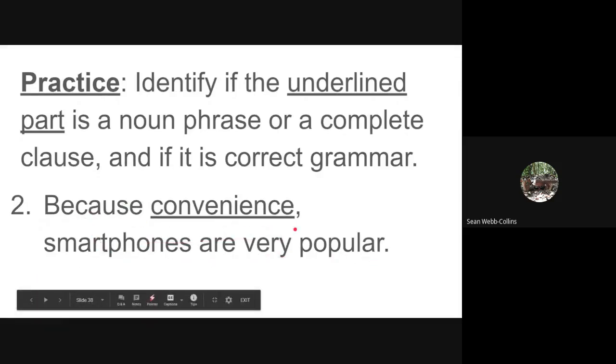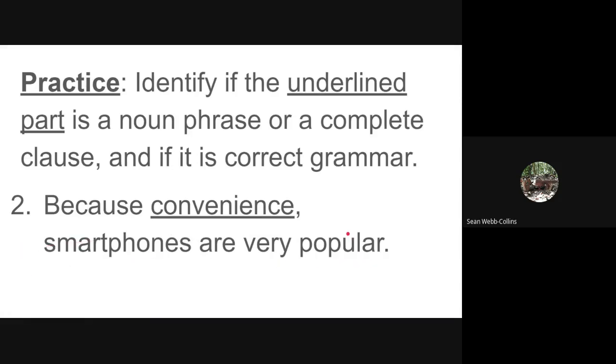Go ahead and pause the video now to identify if the underlined part is a noun phrase or a complete clause, and if it is correct grammar. I'll give you the same amount of time.